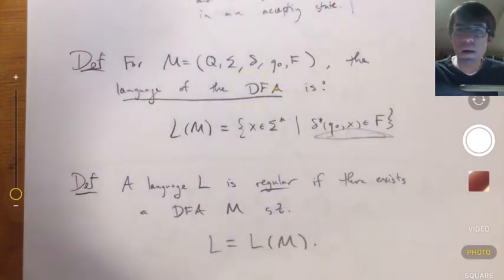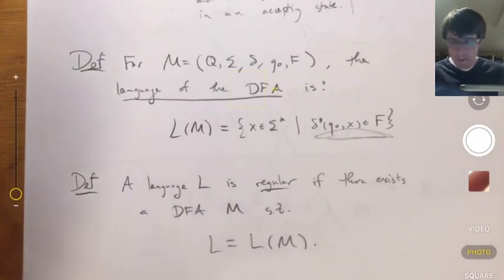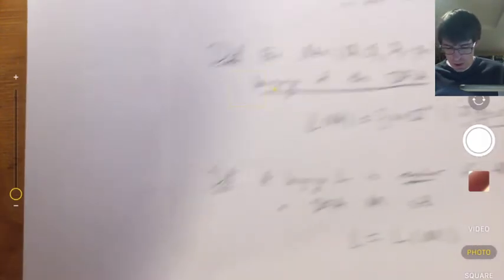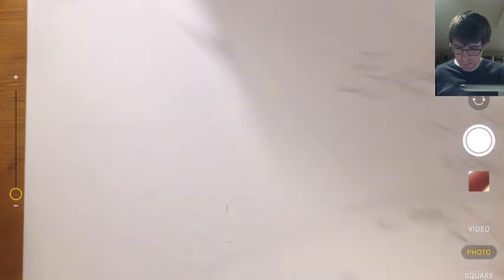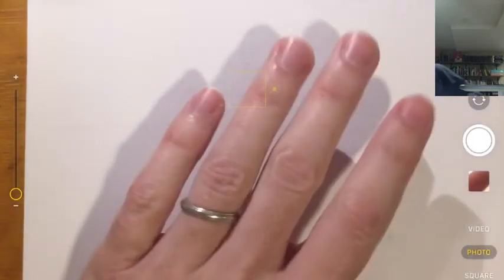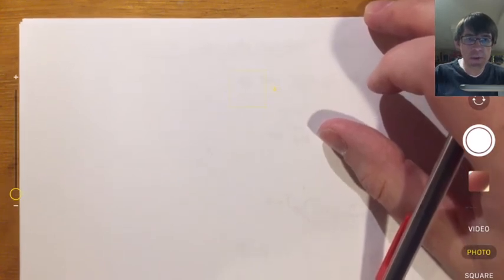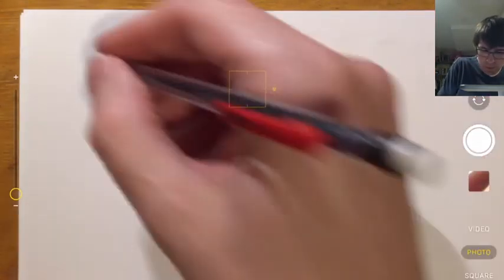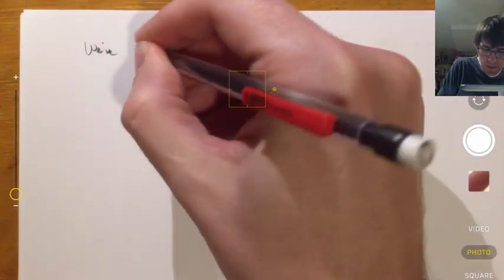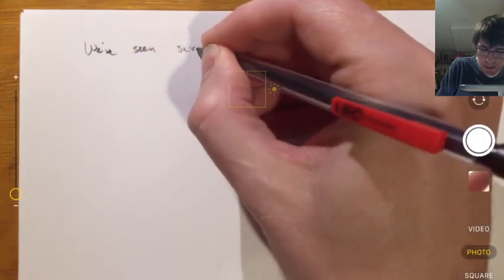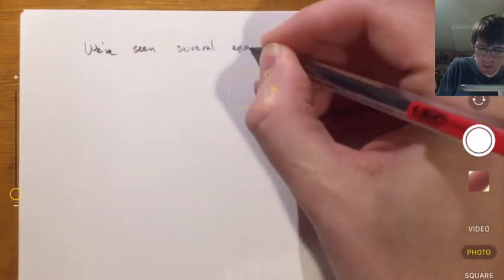We got about 10 minutes left. Maybe we can do a little introduction to the next thing that I want to talk about. I would like to talk about properties of regular languages, on the general theme of which languages are or are not regular. We've seen several examples of regular languages already.